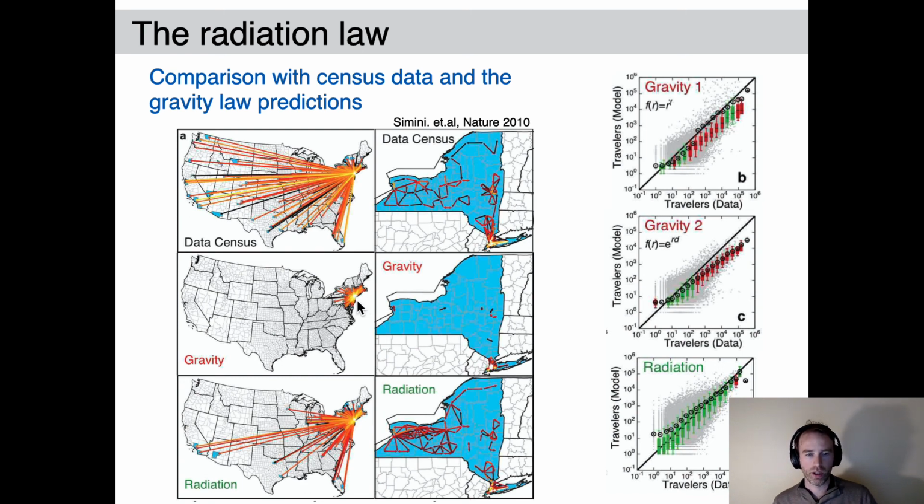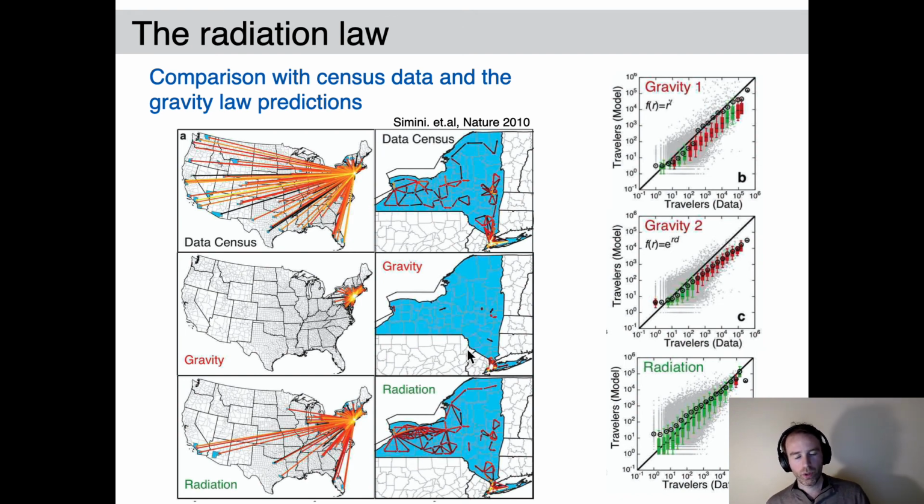The gravity one seems here to overfit short distances, for instance. And if you go to the details, again, you see that the real data is more similar to what is predicted by the radiation model than the gravity model.